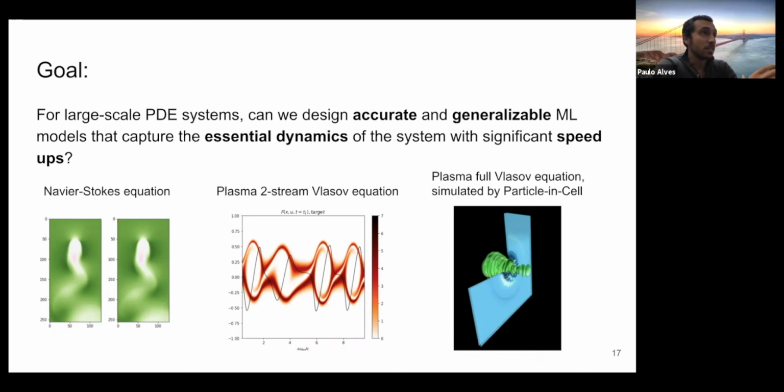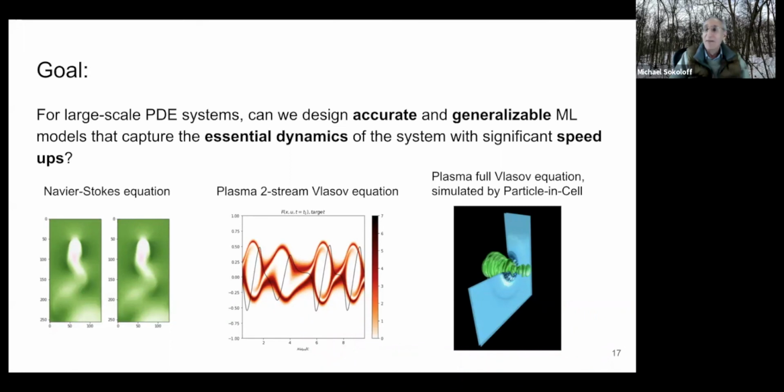This project started because there's going to be a significant upgrade on one of the laser systems at Slack, which will allow laser-driven ion acceleration. And in order to optimize this source of ions, we need 3D modeling of these systems. The 3D modeling is extremely expensive, and this is what has motivated this line of work. Fantastic. I love the application as well as the machine learning part of this.